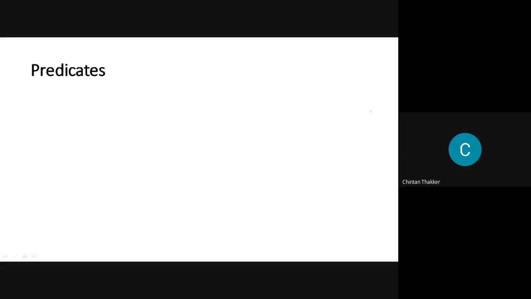Then the next topic is predicates. Predicates means a declarative sentence where the true or false value of that sentence depends on a given variable in the sentence.